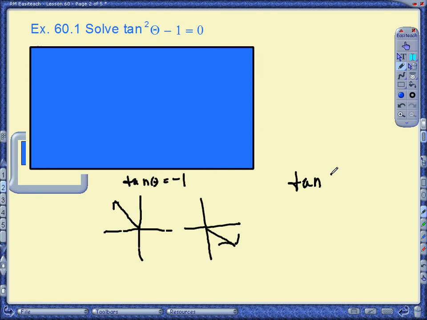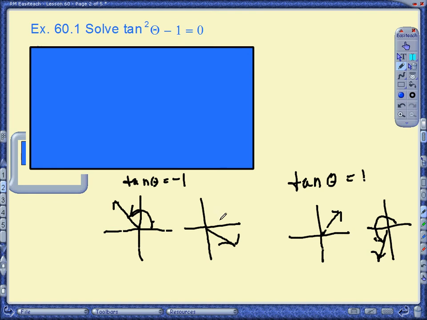Tan theta equals +1, we are either in the first or in the third quadrant. Okay, and so that's how we get our answers. You should always draw your diagrams for these too.